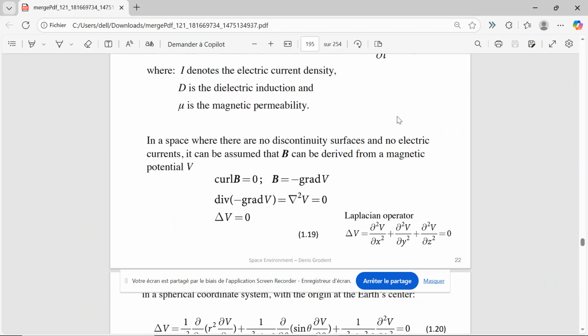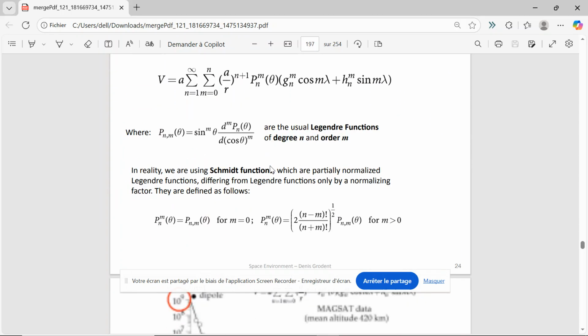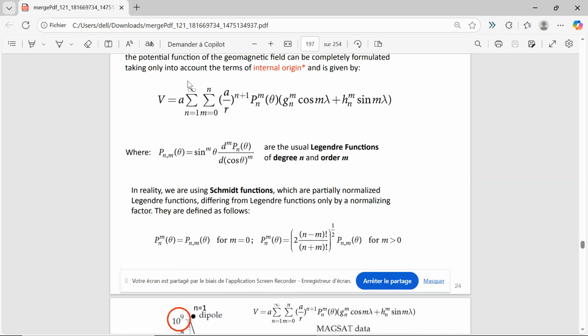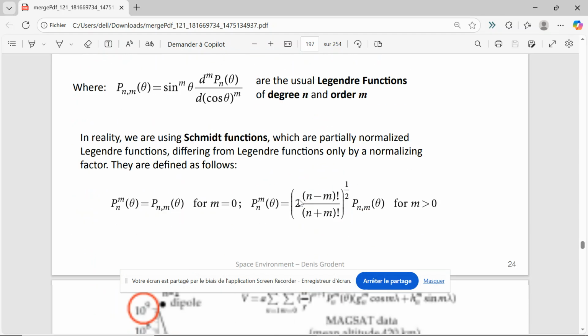Derived from magnetic potential. Yes, we assume that the curl of B is equal to zero and B is minus the gradient of the potential. So we are looking for this potential of the Earth, and we know that the solution can be found analytically by the spherical harmonic analysis, and the more accurate the solution will be when you include more terms in it.